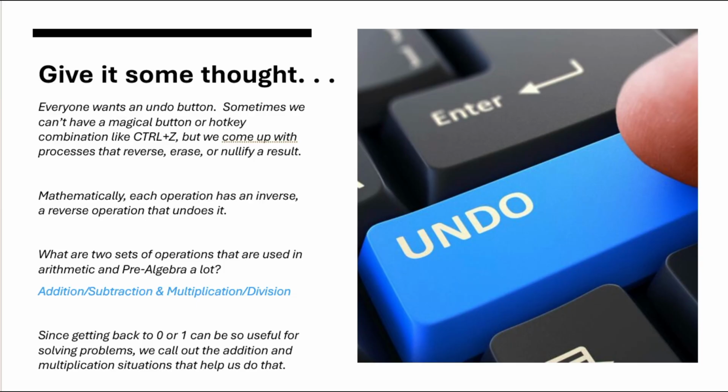So in that sense, we can use these operations to get back to zeros and ones, which can be really helpful for solving problems because it helps get rid of the extra numbers. It strips down variables and numbers to their bare bones, because we're going to get as many of those numbers down to zeros and ones as possible. Okay. And so we have these inverse properties to help us do that.